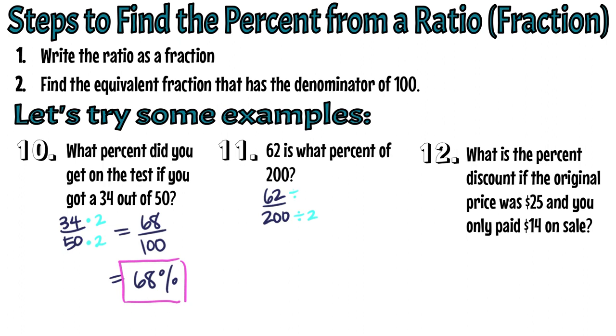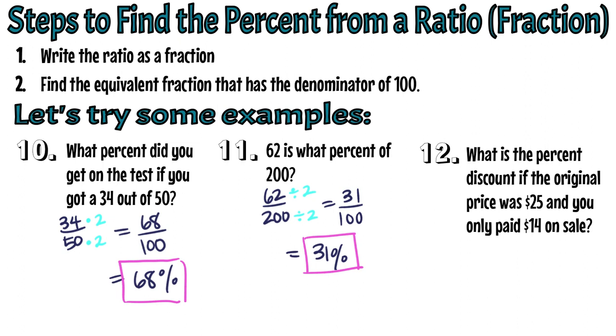That means we need to also divide the numerator by 2 in order to have an equivalent fraction. Half of 62 is 31, half of 200 is 100. Now we have our fraction over 100, which means we can rewrite it as a percent. So 31%.